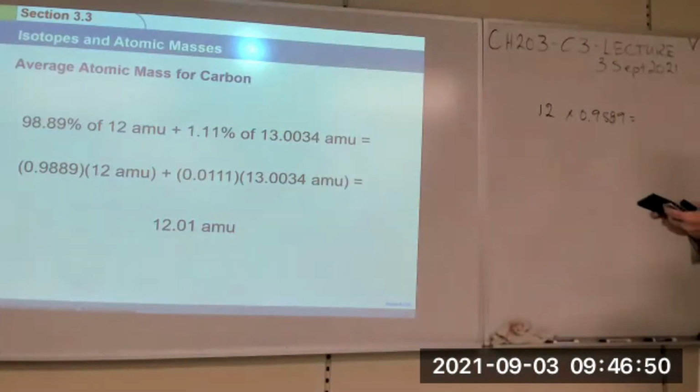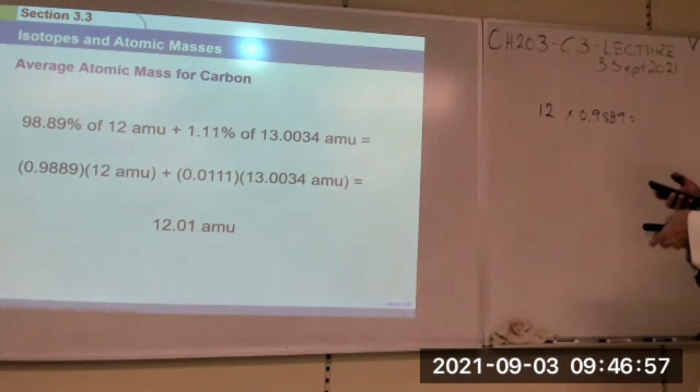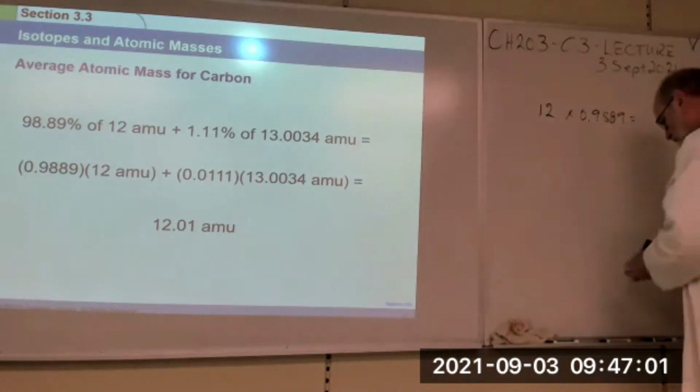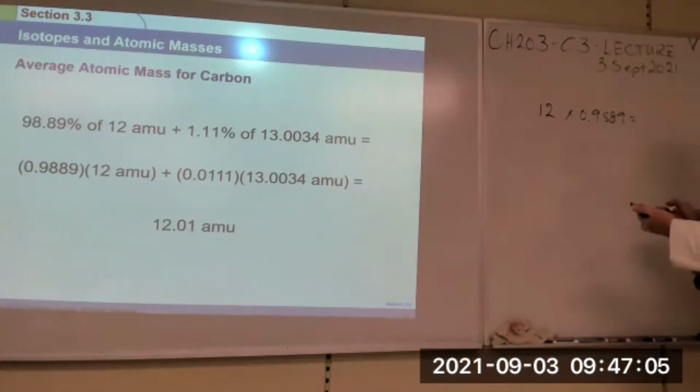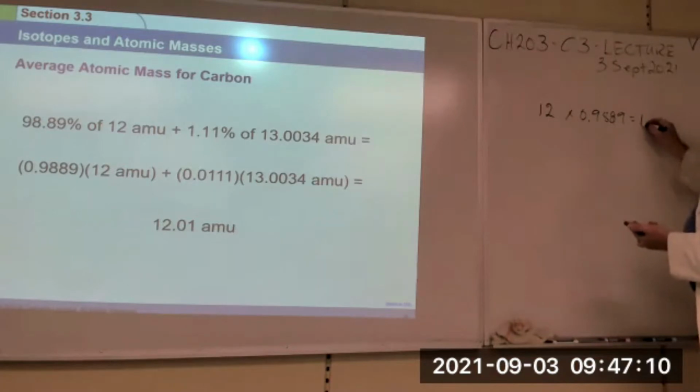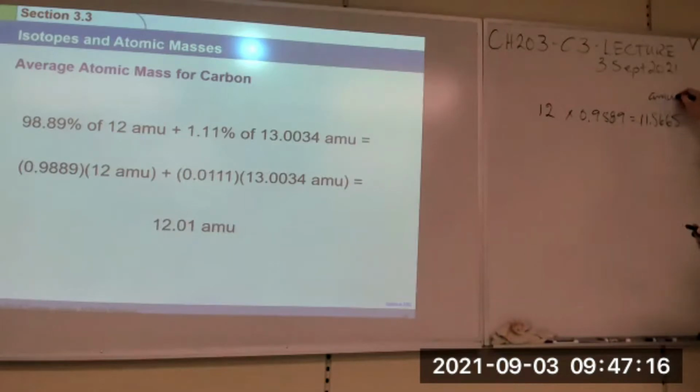So 0.9889 times 12. All right. I didn't already do that, did I? No. We didn't do it that detailed. All right, so that's going to be 11.8668 atomic mass units. We haven't defined atomic mass units yet, but hold still, we will.